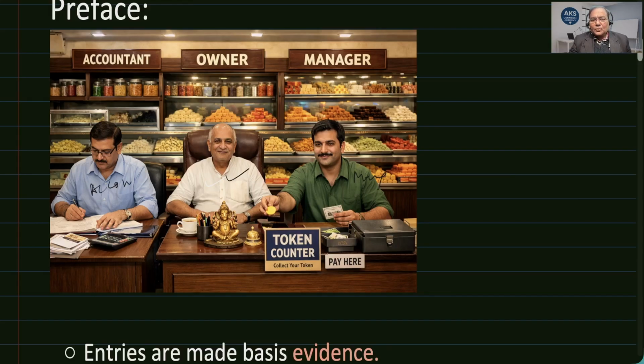Now let's understand what we are going to understand from this particular visual. The owner takes decisions with regard to buying raw materials, which are required to be processed in order to make processed goods, or in our case sweets. The decision is taken by the owner. Then a decision is also taken by the owner with regard to who is likely to be the team who is going to make it.